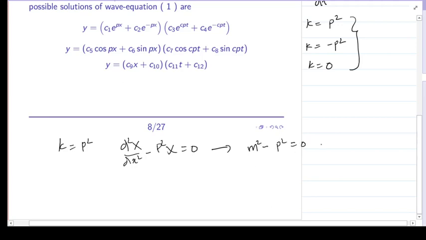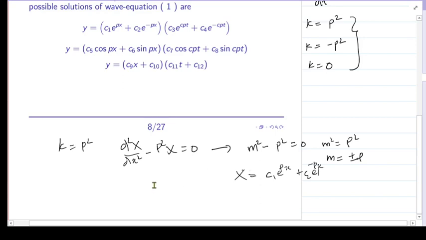That means m square equal to p square, therefore m is equal to plus or minus p. So these are two different real roots, and we can solve this as X is equal to c1 e raised to px plus c2 e raised to minus px.